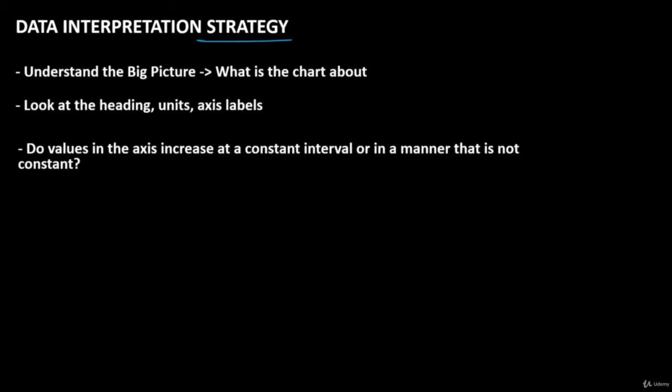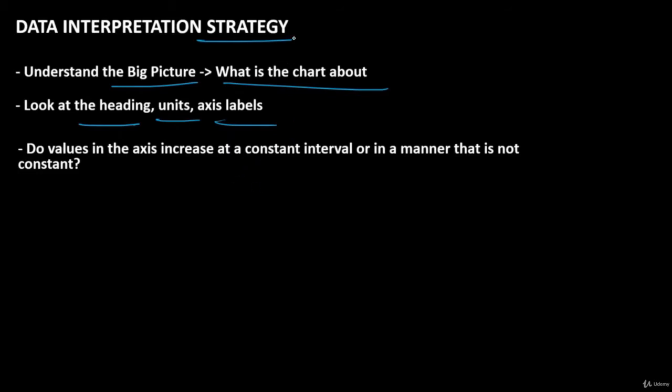Hi students, before we start practicing data interpretation questions, let's quickly discuss what strategy or what are the things to keep in mind when you attempt these type of questions. All right. Now in data interpretation questions, it's very important to understand the big picture. What is the chart talking about? All right. Do remember to check the headings, the units involved, and any axis labels.